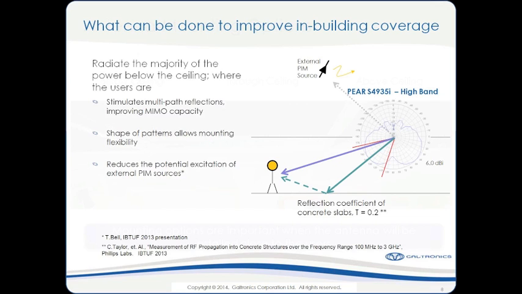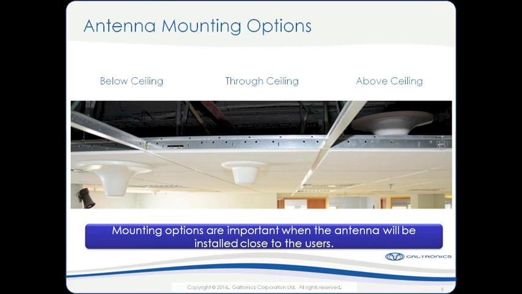Okay, so now we have the ability, now I want to talk a little bit about selection of the antenna and where to place the antenna. A lot of venues are very critical about the appearance of any installation of technical equipment in their beautiful buildings. So the placement of antennas below ceilings is not always an option.